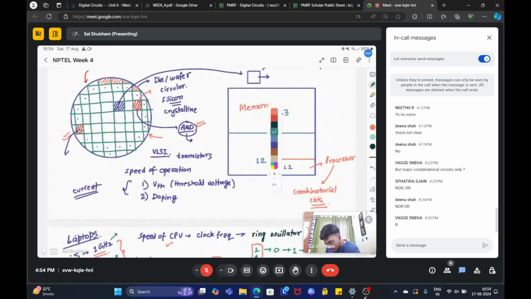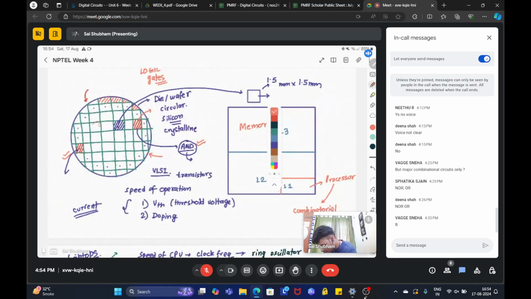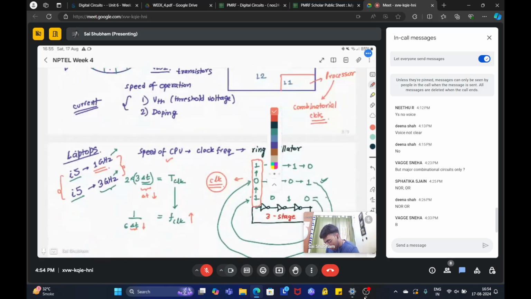Suppose this chip went up to 3 gigahertz, this went up to 1 gigahertz, and this went up to 2.5. While manufacturing, they wanted all of them to behave the same, but because of process variation, each chip behaves slightly differently. So in the end, we get a range from 1 gigahertz to 3 gigahertz.